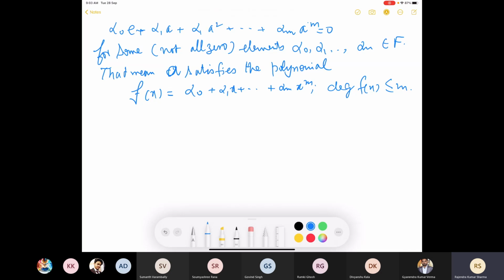So as a corollary from here, you can prove the following.